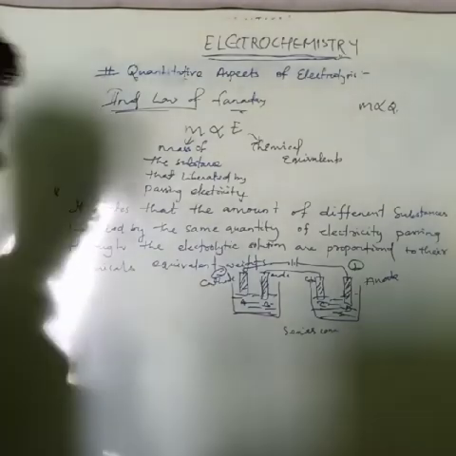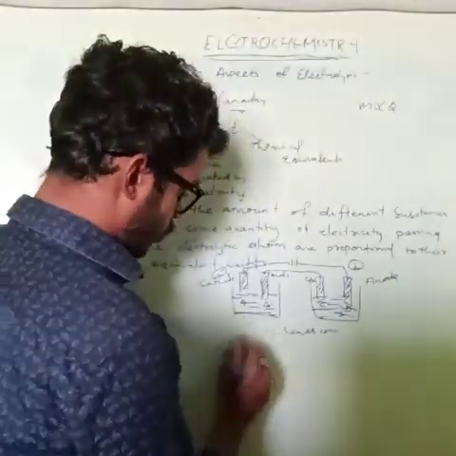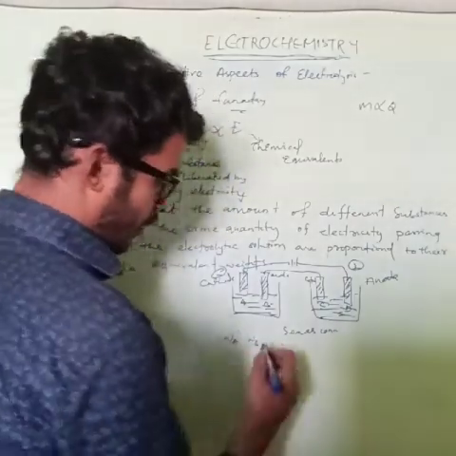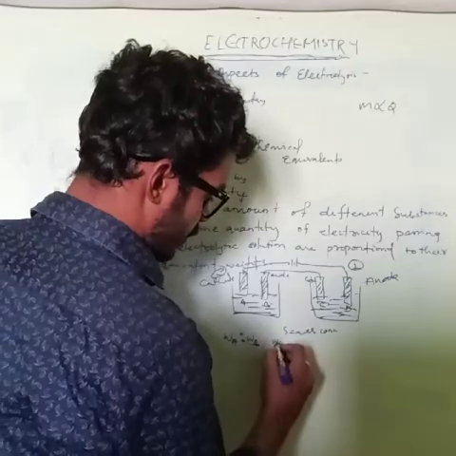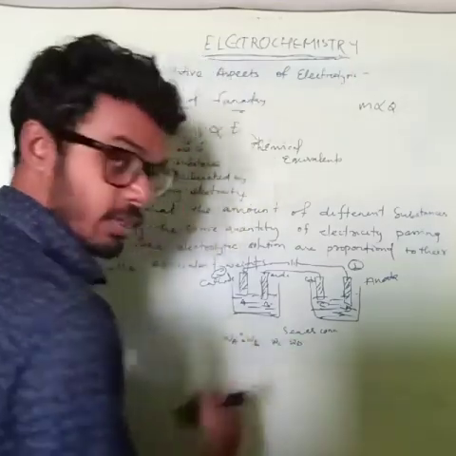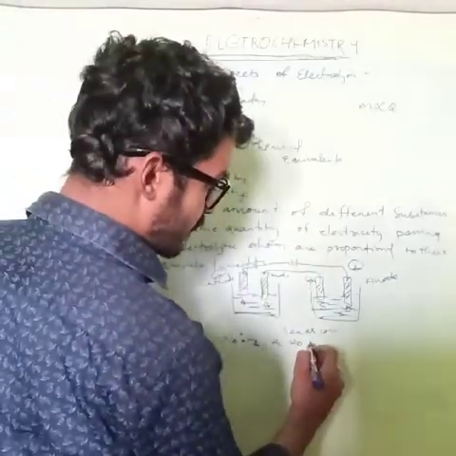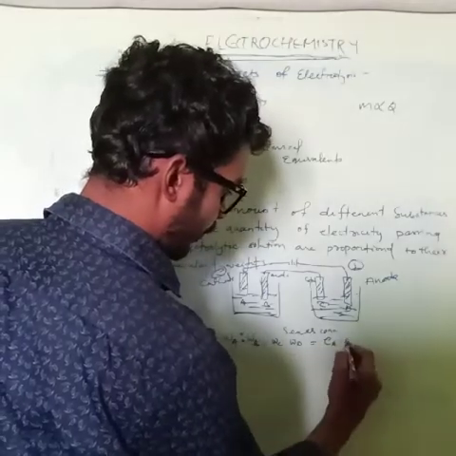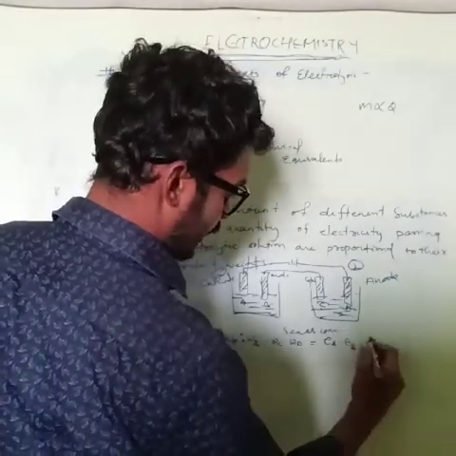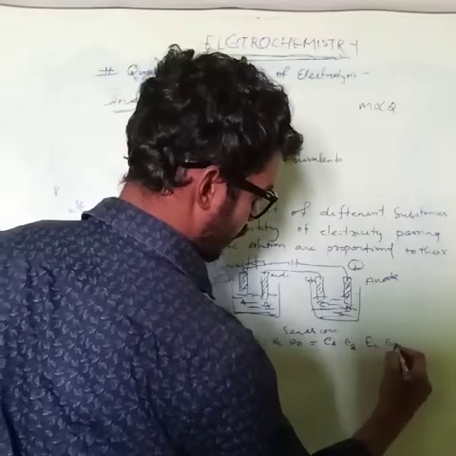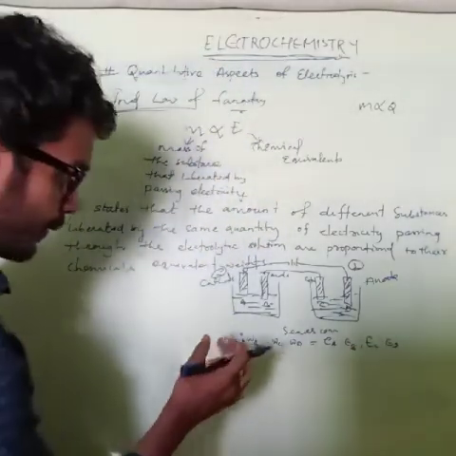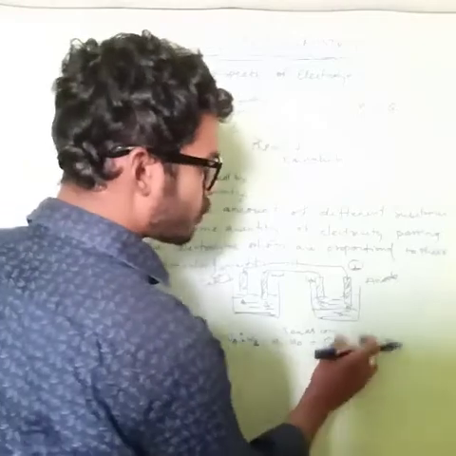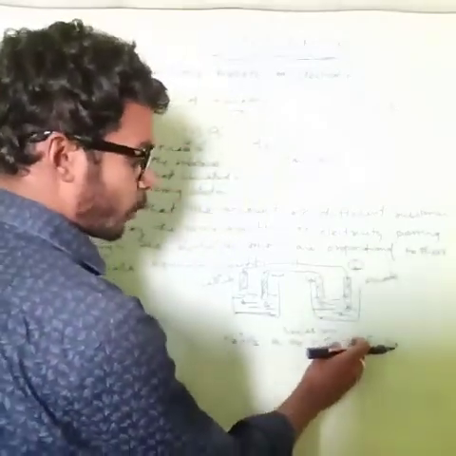So it says that the ratio of these two, WA to WB, or WC to WD, the mass, is equal to the ratio of equivalent weights, EA to EB, or EC to ED. That means the mass of the electrolytic cell is equal to the equivalent weight of that particular chemical.